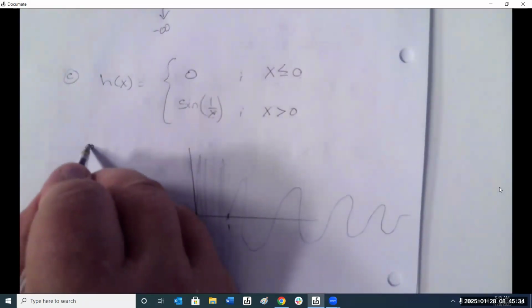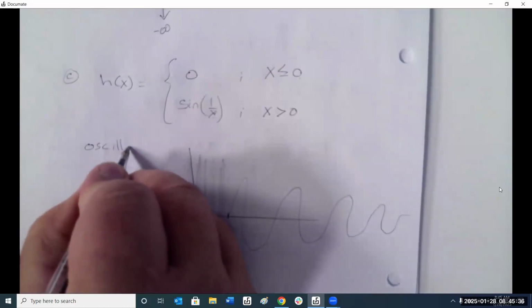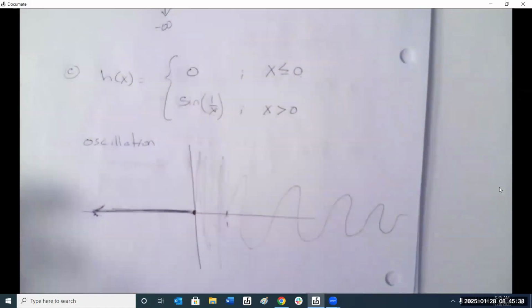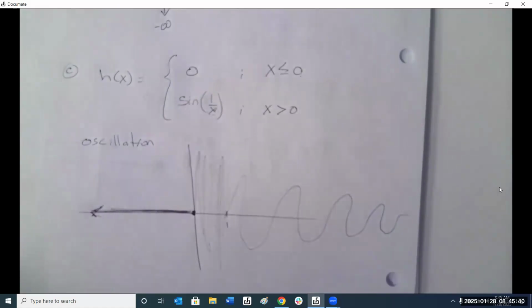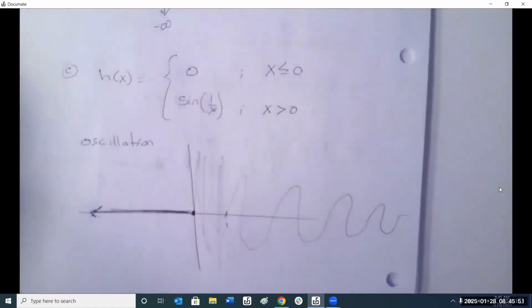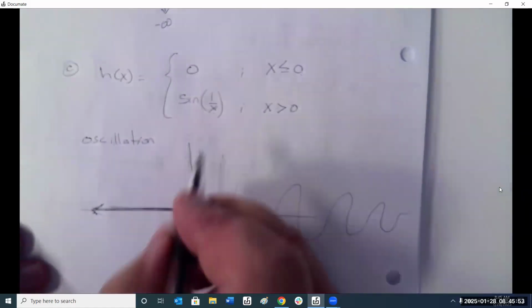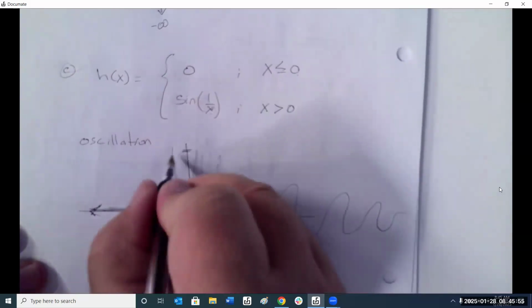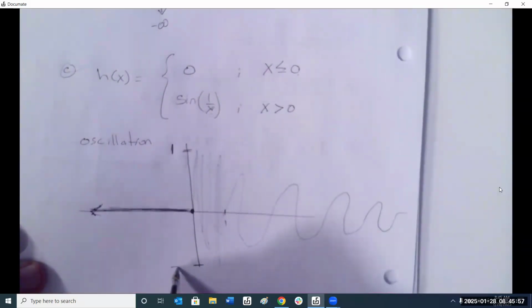We call this an oscillation. If a function is oscillatory like this, then it doesn't have a limit because you can't precisely tell me at one point is it a maximum or a minimum. But yeah, sine has a limit between -1 and 1.